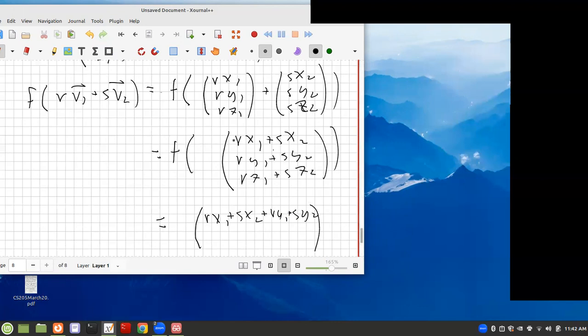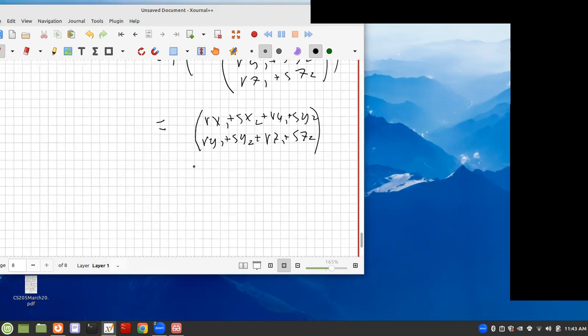So I've added the first row and the second row, and the next one is the sum of the second row and the third row. So I can do ry1 plus sy2 plus rz1 plus sz2.